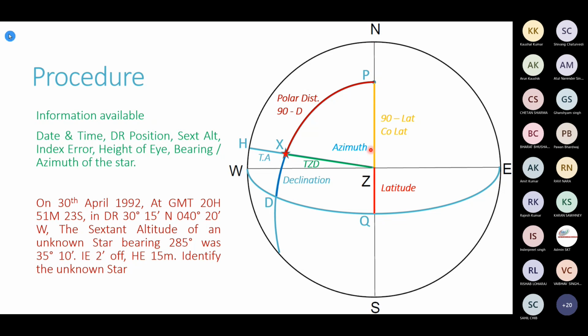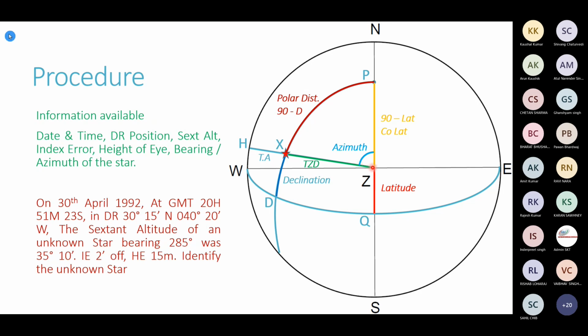So this angle is easily obtained as the difference between 360 and 285. So in this particular question, it comes out to be 75 degrees. So this angle Z is the azimuth of the celestial body.